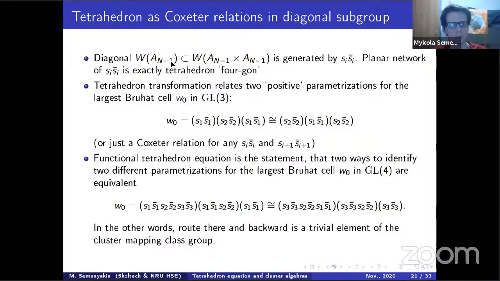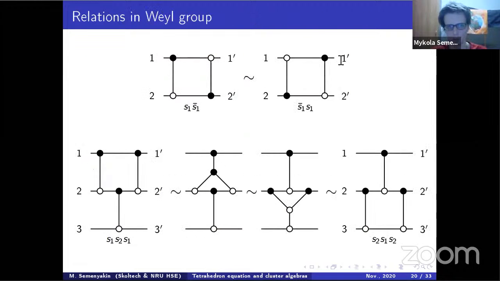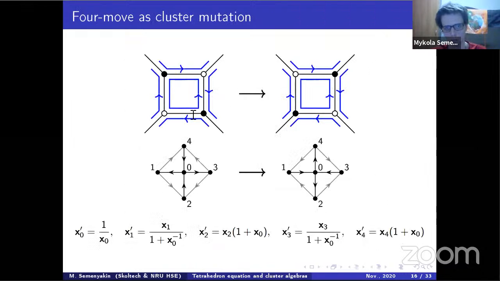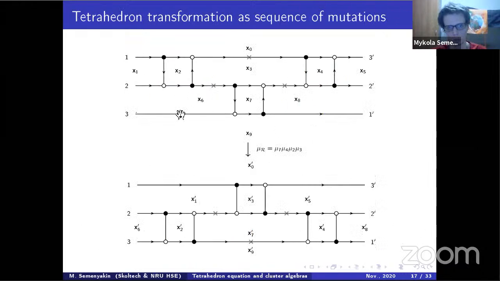Or sorry, I should probably write here A_n, but this is not that important. And it's also obvious that this block corresponding to Si bar, and it is drawn here, is exactly our block which we discussed before.